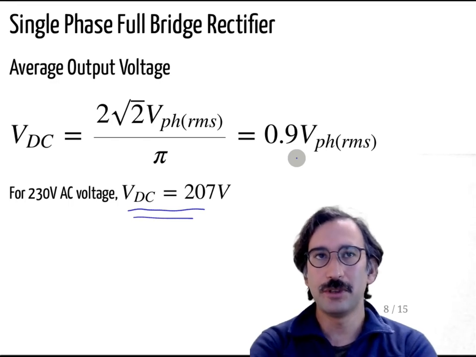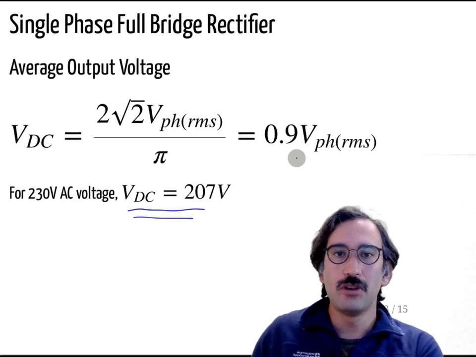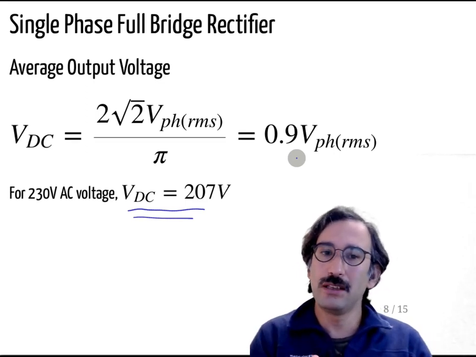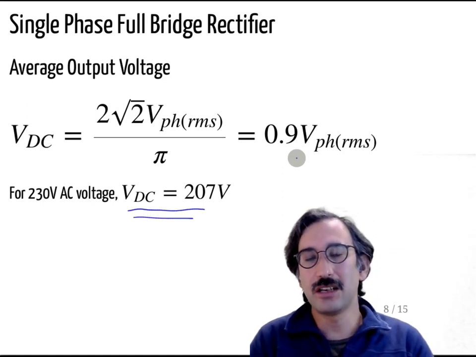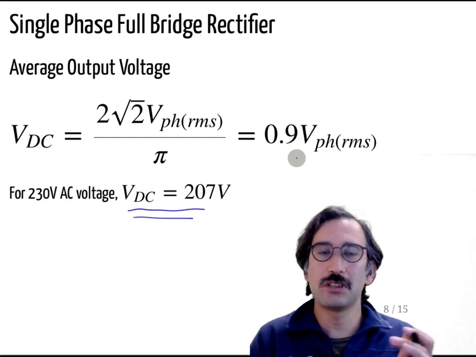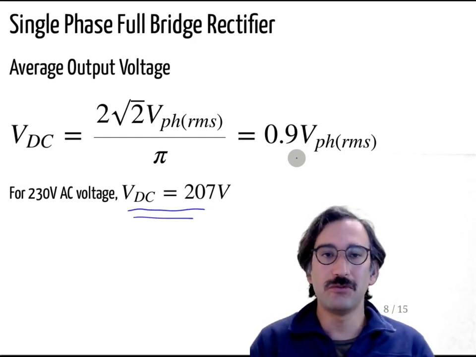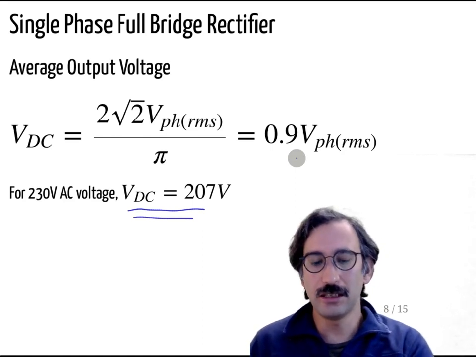For example, if you want to have a charger, you can use a diode rectifier, and now you have 207 volts as DC with the filters and capacitors, and then you can use other DC converters and convert it to 15 volts, 20 volts, and then you can have your DC output.